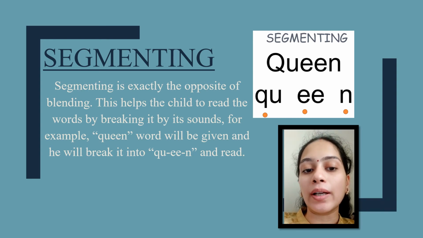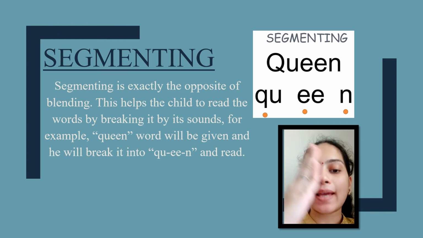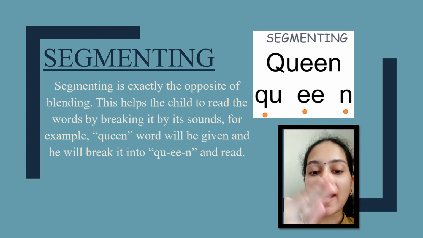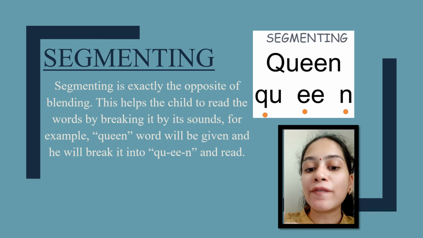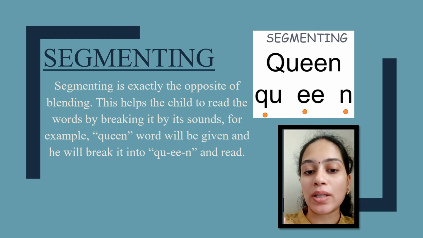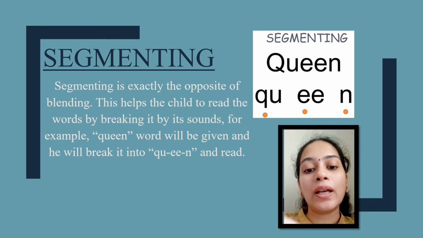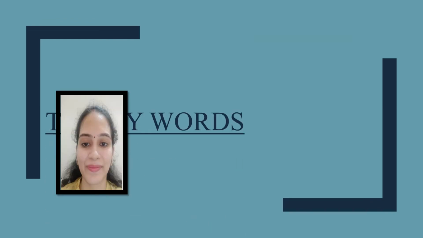Here we have taught the kids qu, e, so they will segment it and divide it into different sounds. Qu, queen. So we have to focus specifically on pronunciation while teaching them different phonic sounds.